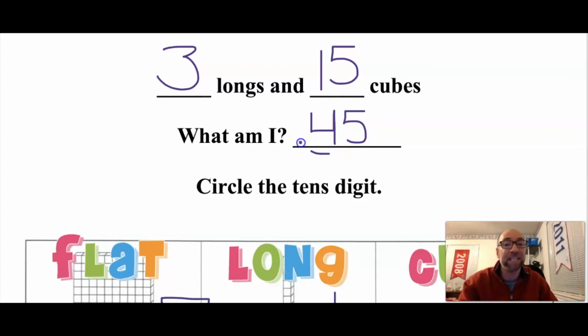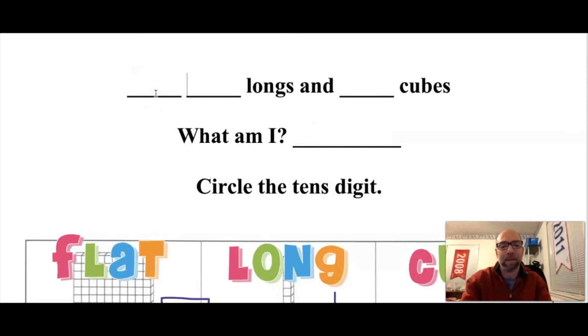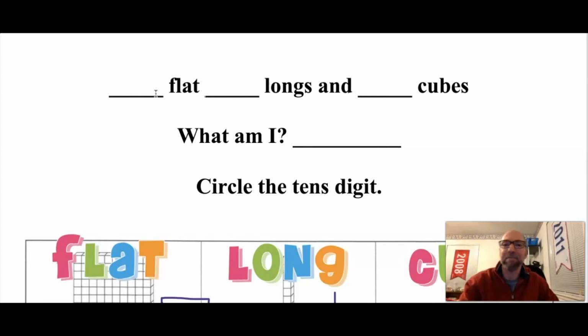The tens digit is the 4, and it's worth 40. That means the 5 is the ones digit. Awesome job. Let's try one last one. And this time, I'm going to add something. I'm going to add a flat.